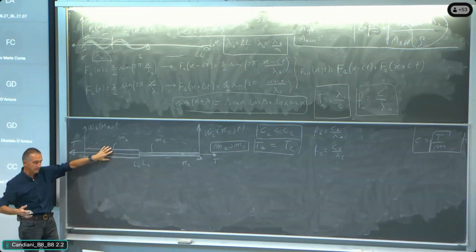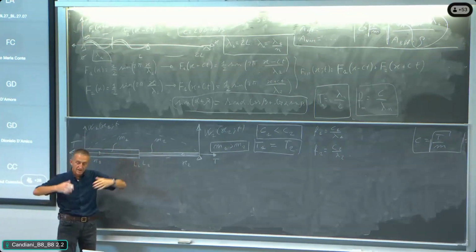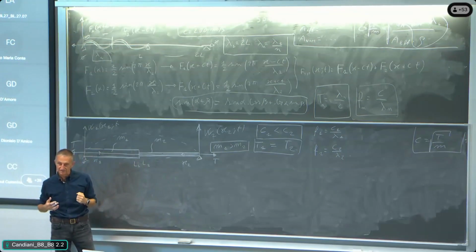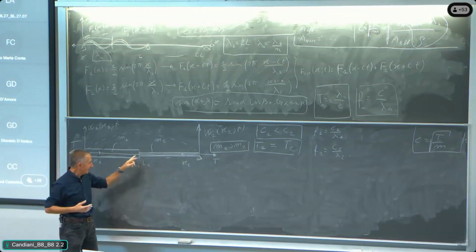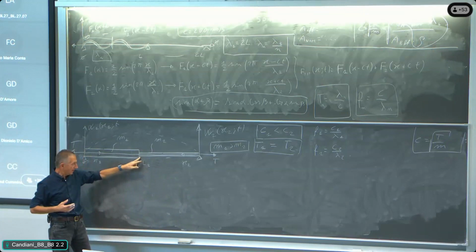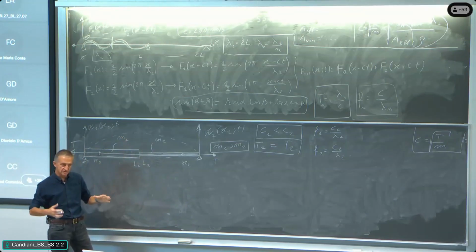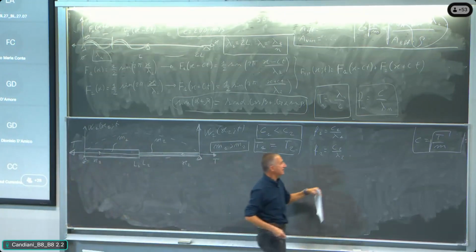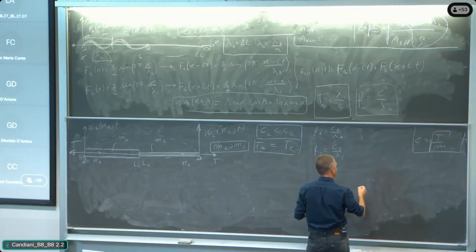So we are not speaking about the frequency of the left side and the frequency of the right side. The period of the oscillation will be the same, all right? At the connection the two cables are moving exactly in the same way, and they have exactly the same frequency, all right? And so we must write that F1 is equal to F2.